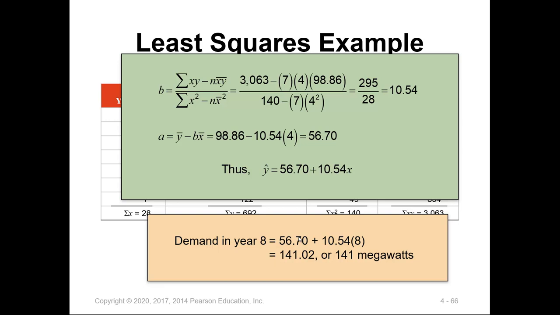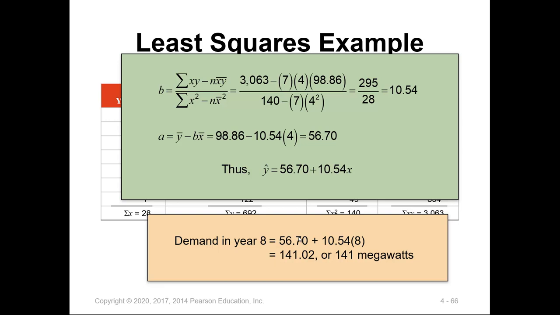And again, y is dependent on x, so whatever the value of x will determine the value of y. So the demand in year 8, y8, will equal 56.70 plus 10.54 times 8.